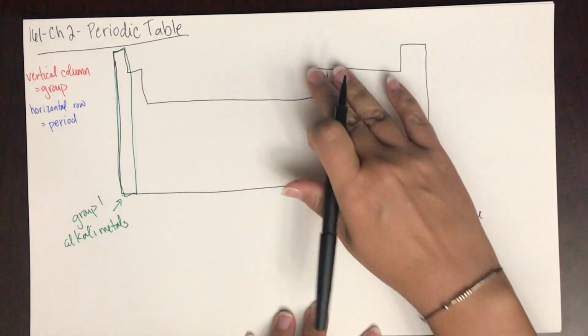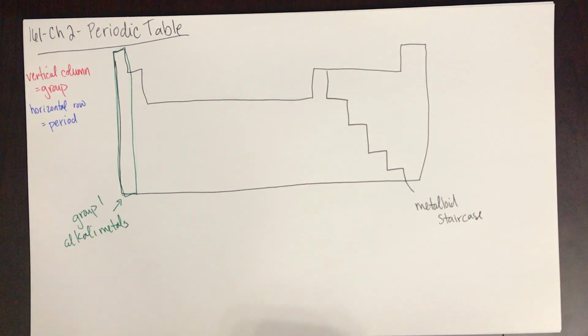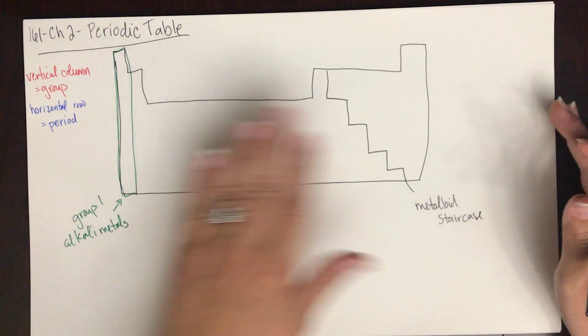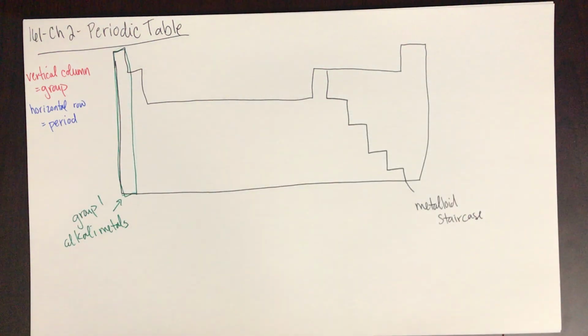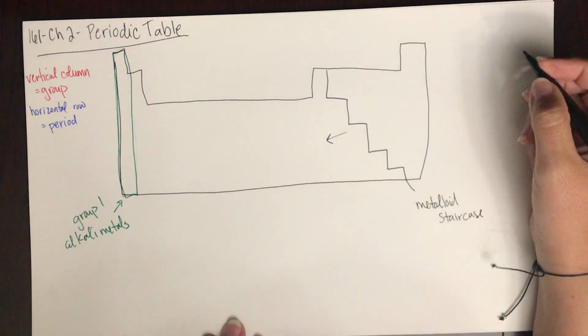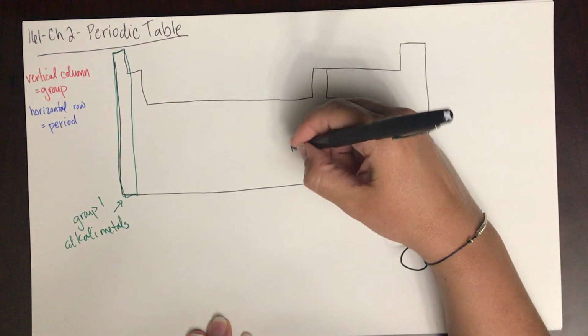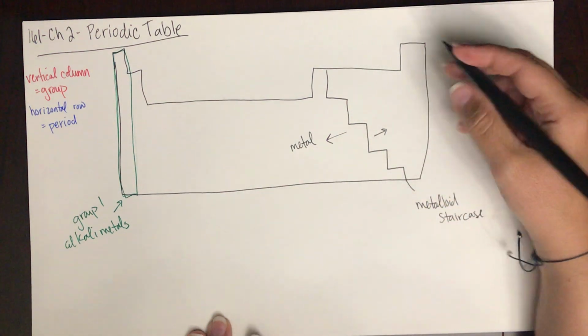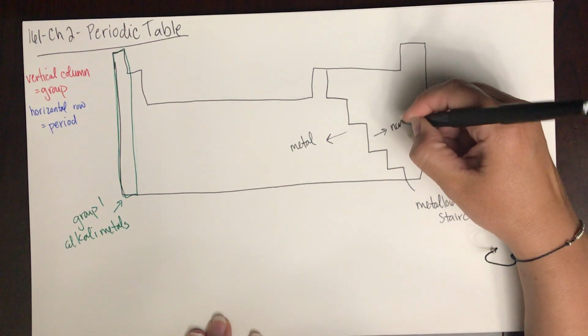And elements that are on either side of this metalloid staircase are called metalloids. They have some properties of metals and some properties of nonmetals. But before we get into that, everything to the left of the metalloid staircase is considered a metal, and everything to the right of the metalloid staircase is considered a nonmetal.